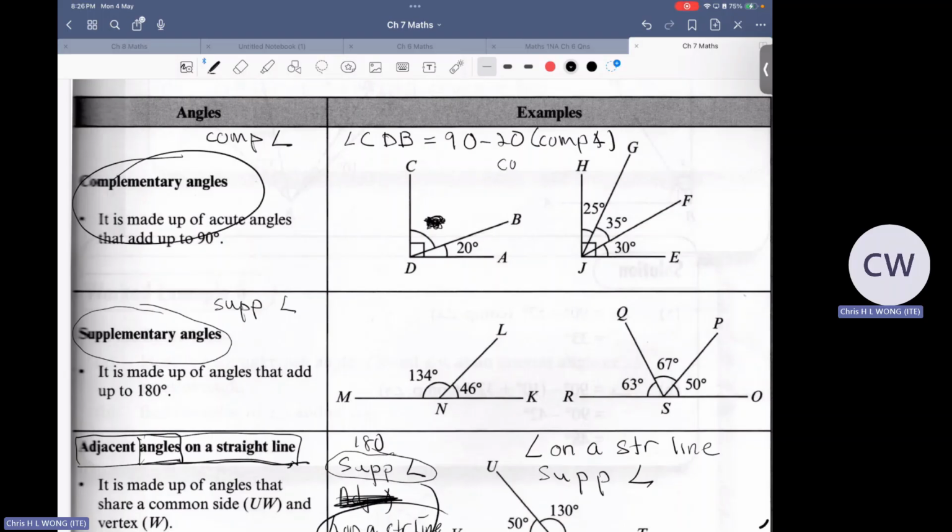Complement is always about something plus something, more than one. That's why they use the word complement. When you say right angle, it doesn't mean complement. But if you write right angle, some people will mark you correct also. That's acceptable, but it doesn't really mean that.